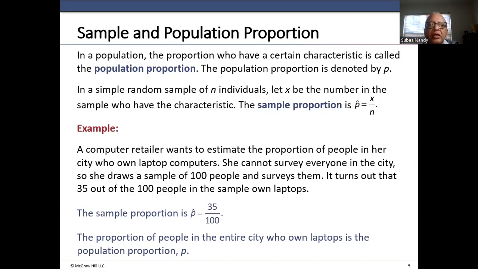And let's assume that the relative frequency of that group is 0.25. What does it mean? It means 25% of the 50 samples, each of size 100, fall between 0.3 and 0.35.